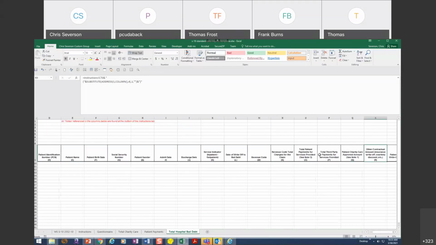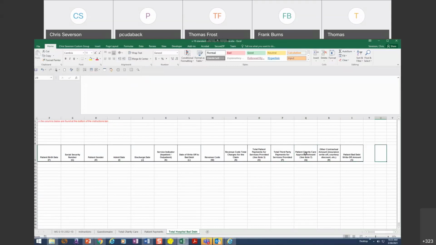Then the next few columns are pretty much the same, revenue code, and all of that showing the disposition of the charges again. So really the main difference there is that it's now a date of write-off to bad debt instead of charity care. And then at the very end, we have column S, which is the patient bad debt write-off amount.